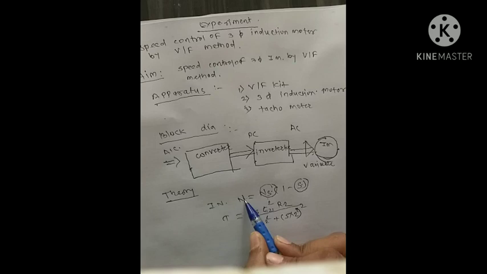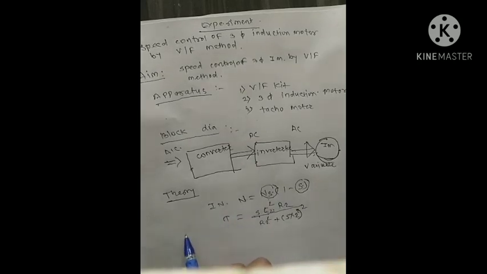The speed of the induction motor can be controlled by two methods: method 1 from the stator side and method 2 from the rotor side. First of all we consider the stator side. Number 1, supply frequency control by controlling Ns.